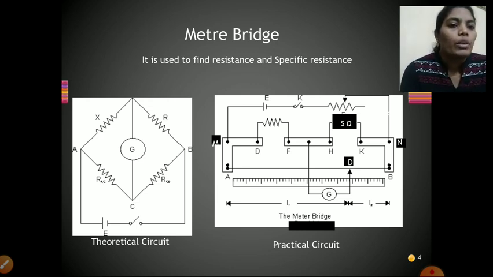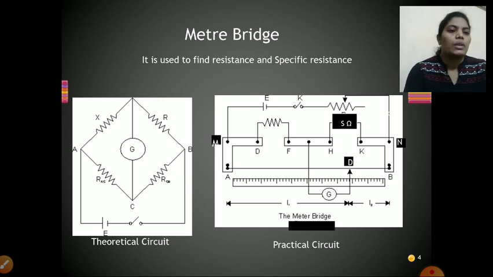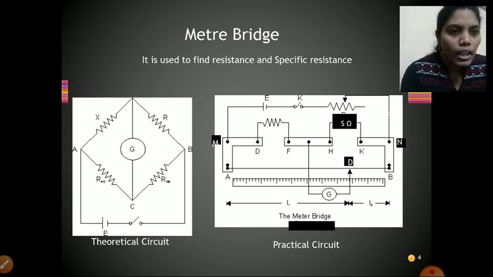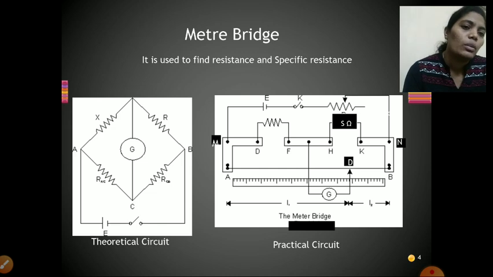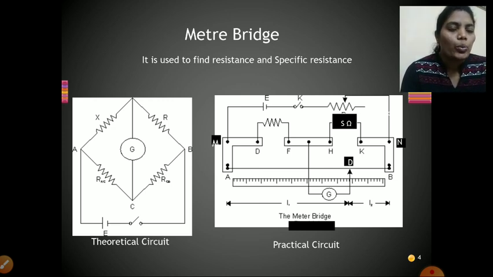We move the jockey on this wire which is placed between A and B. As we move the jockey on the wire, at some point the galvanometer shows no deflection. That means the bridge is balanced. So we consider this point as D. From A to D we call it the balancing length. You can see in the diagram we have taken two lengths, L1 and L2.